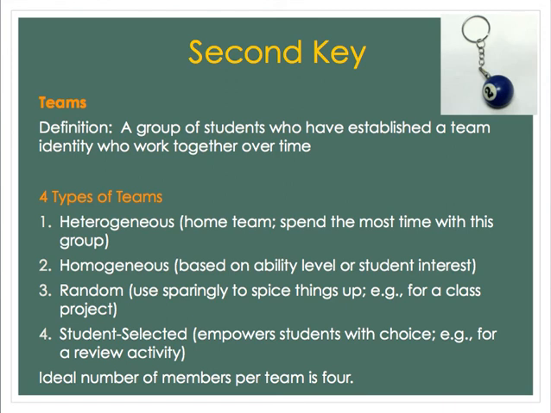For example, for a class project where you want to get them working with different people. The problem is when you do this, you could quite possibly get all of your low students on one team, which might then make the project more difficult. So you want to do this for a class project where maybe academics are not as important.